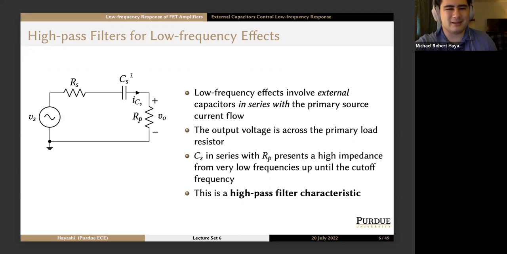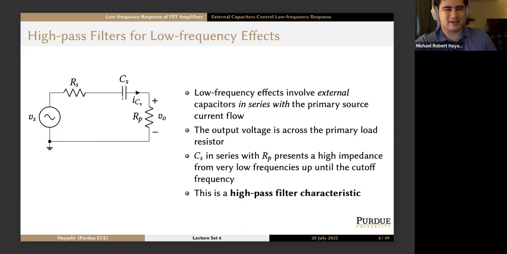We normally find that the output voltage across the primary load resistor R_P is what we're interested in, and C_S is in series with R_P. This is in series with our primary source current flow. So when we find I through C_S, that's going to be very important.